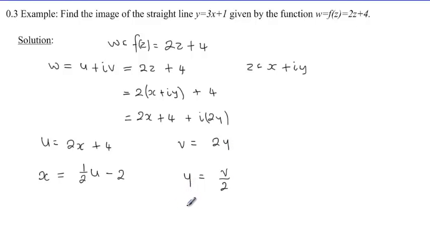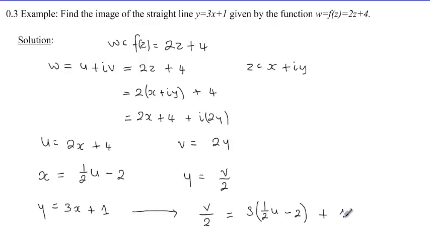So what it means is that y equals 3x plus 1, our line on the z plane, is then transformed to v over 2 equals 3 brackets half u minus 2, which is our x, plus 1, which in this case is mimicking the equation there.